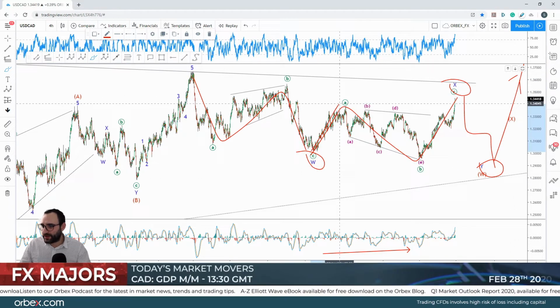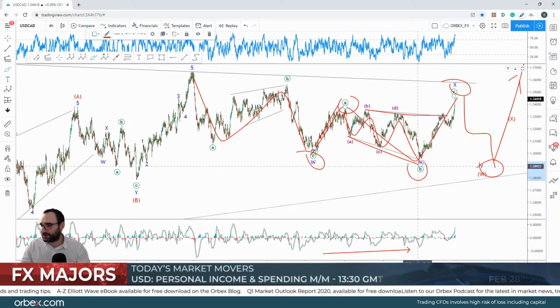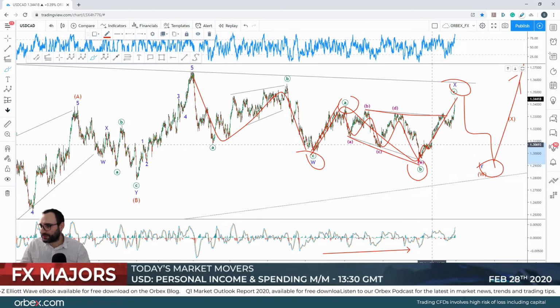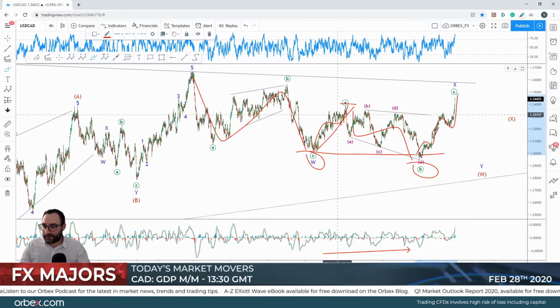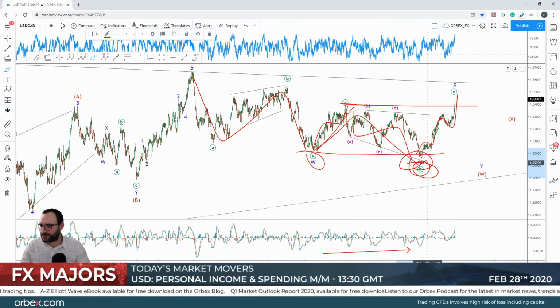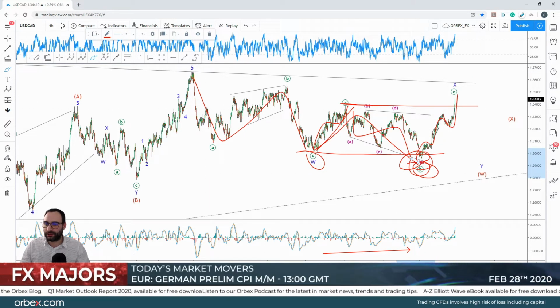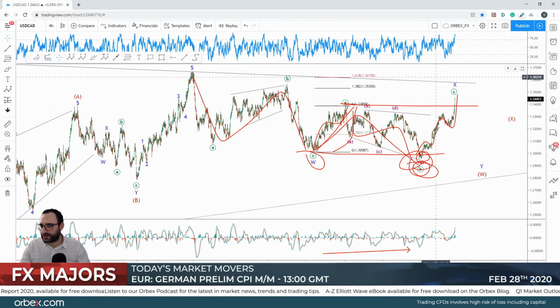Now, I'll label this as A. I see this an open triangle, very good pattern, okay, with A, B, C, D, and E ending down here. And now we're moving up impulsively. We are in an expanding flat pattern, right? Because we crossed above that level, okay? We had this test down here and failure, which is wave B. And now we're looking at this actually ending 136.19, okay?